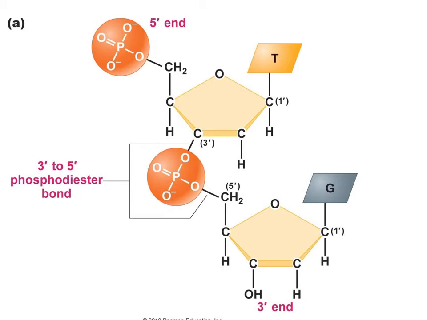Because it is the phosphate group that is attached to the 5' carbon of this guanine molecule. That phosphate group is connected to the 3' carbon of the next sugar in line, okay, from this thymine.